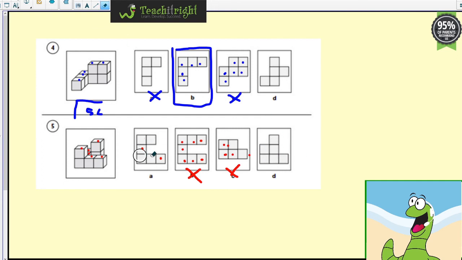So again, now let's look for features and shapes. This has got a line of 2 and an L, maybe that's the pattern I'm looking for. And here, look, I can see I've got a line of 3, and actually at the back there, if you look, I do have that going up and across to make an L. So the answer here is A, if I was to label the two. Not as easy to draw, so maybe you're sketching it out, and just look to break it up into little chunks.